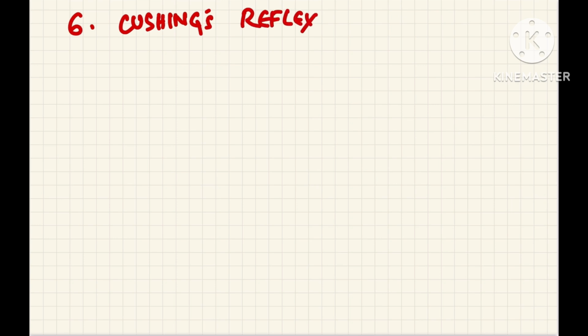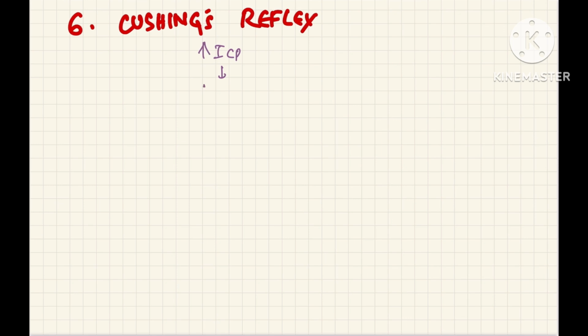The next reflex is Cushing's reflex. So what happens in Cushing's reflex? With an increase in the intracranial pressure, cerebral ischemia at the medullary vasomotor center happens.